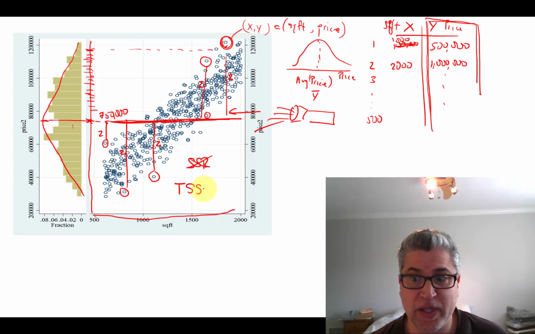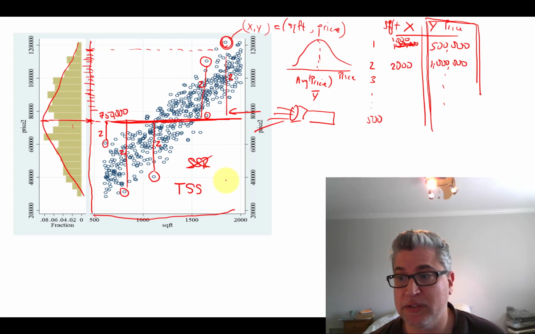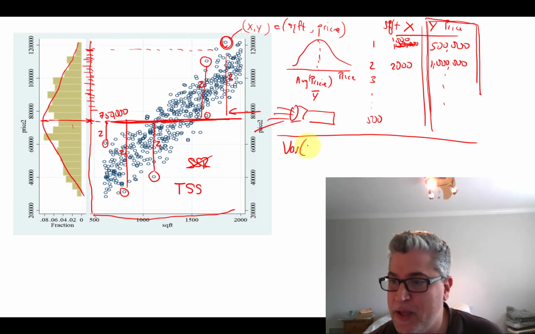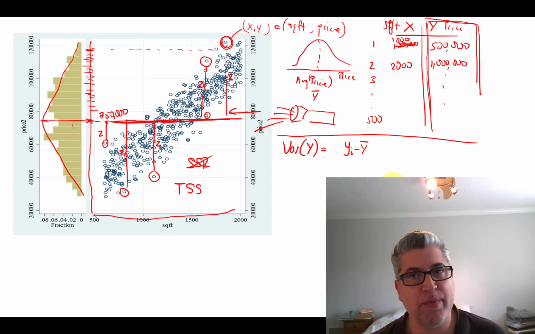which incidentally should sound really similar to variance. Variance is how much some variable varies. So the variance of y is equal to, what are we going to do? We're going to take each of our y values and see how far away they are from their average. That's these straight lines here.